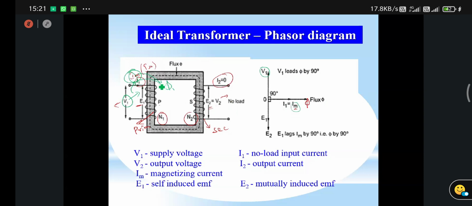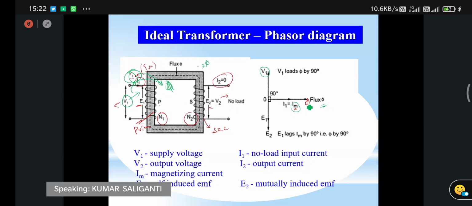When you give this Im to the primary, then the flux will be there, because the Im which flows through the winding sets up the flux in the core. I have taken the flux as the reference because the flux direction is like that. So Im and phi both are in the same phase.